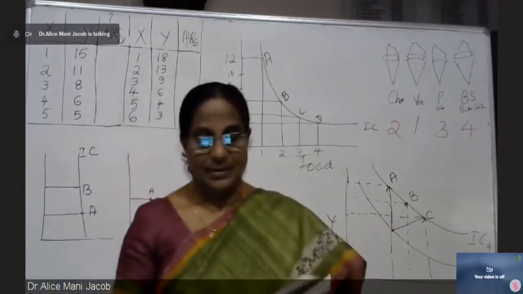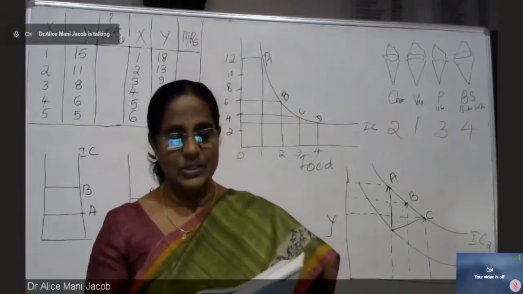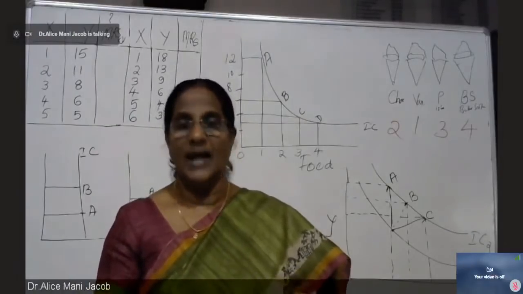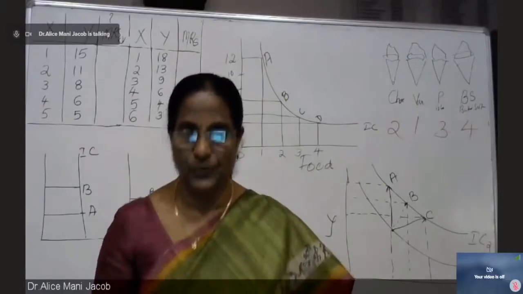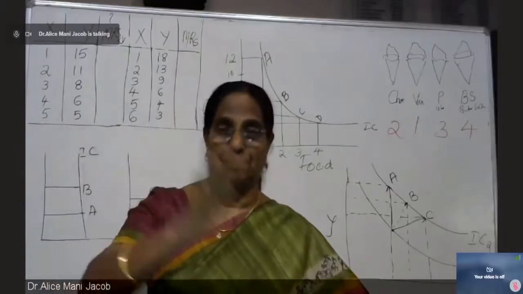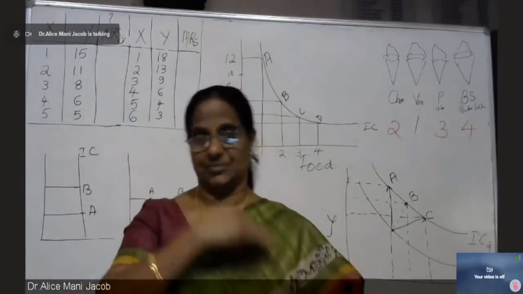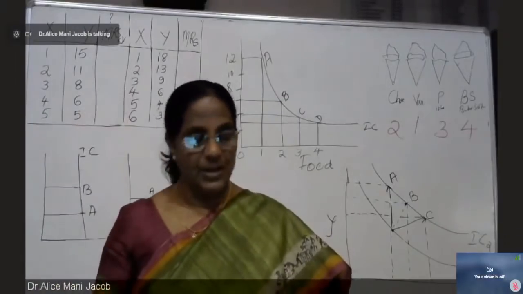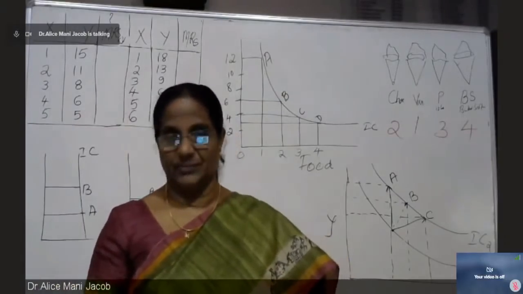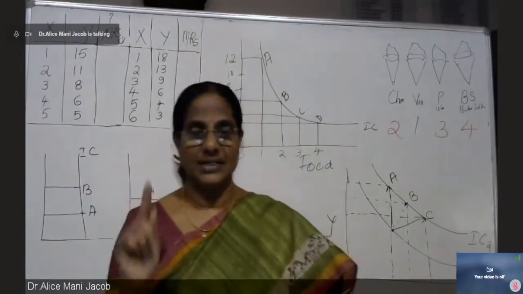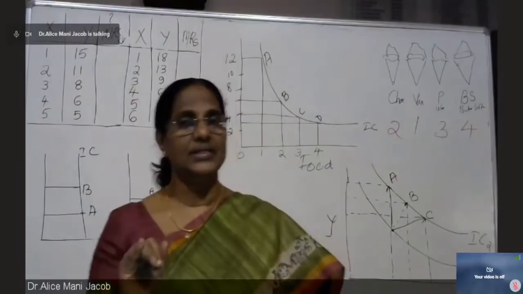Right? Then, suppose the consumer wants an additional unit of food, then he has to give up, relinquish, some clothing. Why should he give up clothing? Because there is a condition in the indifference curve.